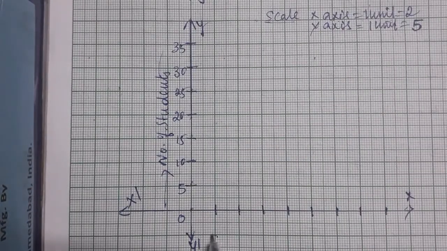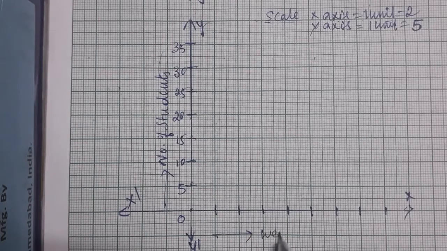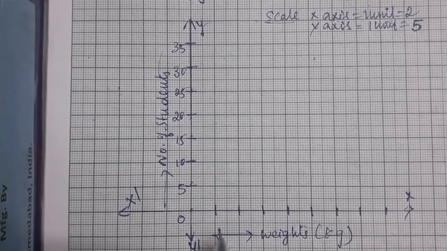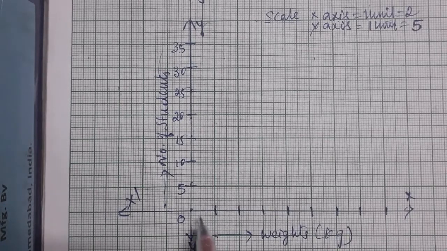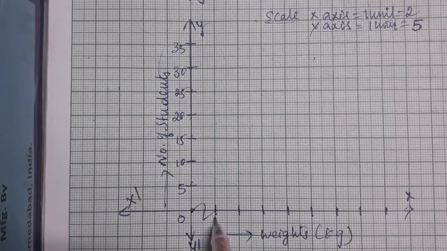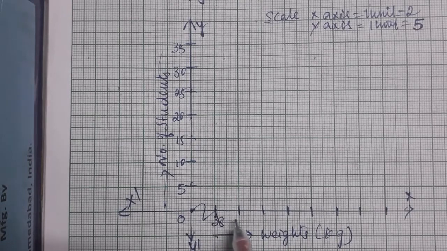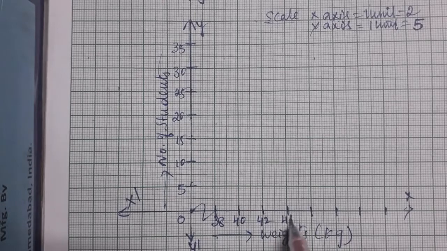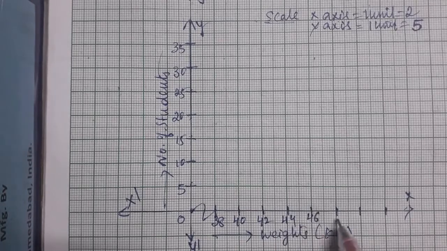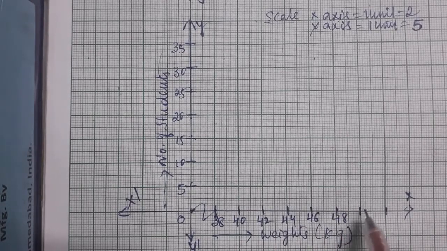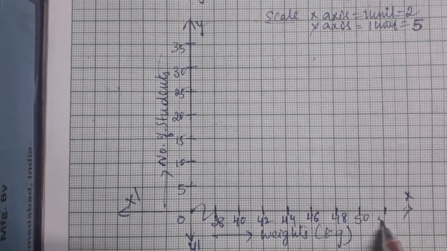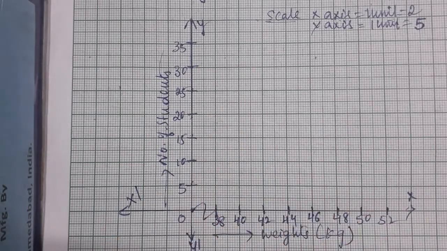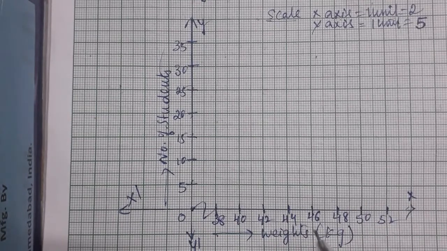This is weight. Weights are measured in kgs. So first reading, because it is not starting from 0, it is starting from 38. Next 40, 42, 44, 46, 48, 50, 52. So according to the readings, the same size graph you can write on x-axis and y-axis.